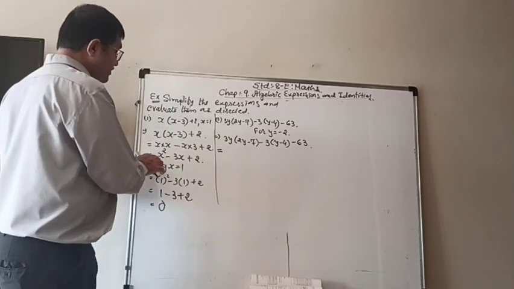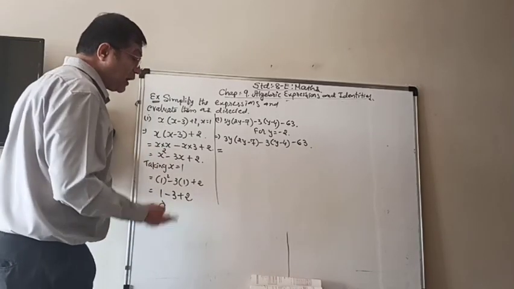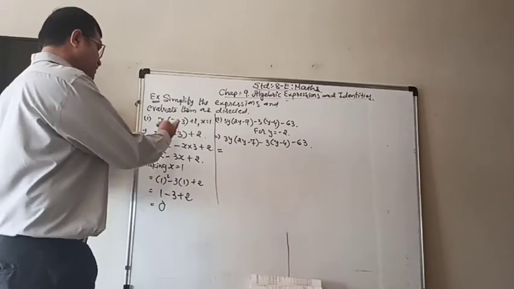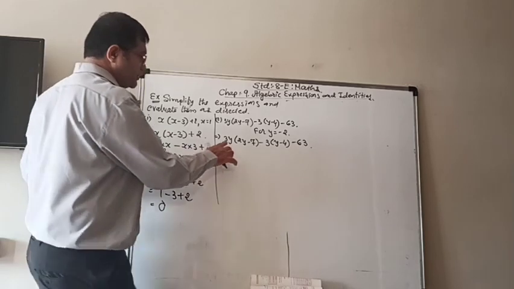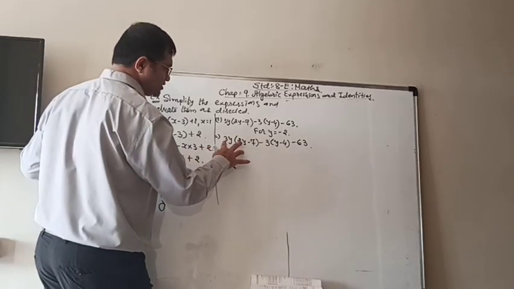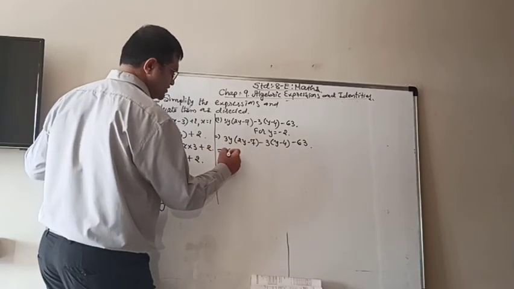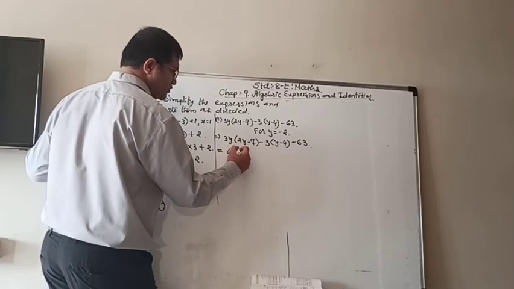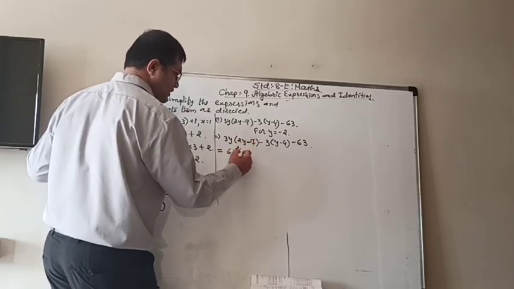Not necessarily every time you do that, because now you know how to multiply a monomial with a binomial. In the beginning you use this, but now 3y into 2y means 3 2s are 6. First check the coefficient, then y into y means y square. So 6y square.